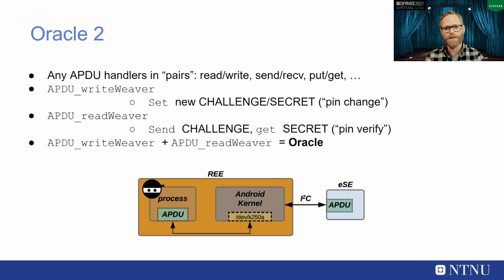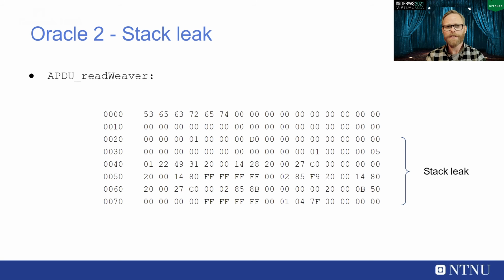give the second oracle. This is just an example of a leak from this Oracle 2, and you can see that it leaks some data back when we are using APDU read Weaver with a larger size for the secret. So we can get 32 bytes of secret, which is the normal size of the secret, but also much more data.